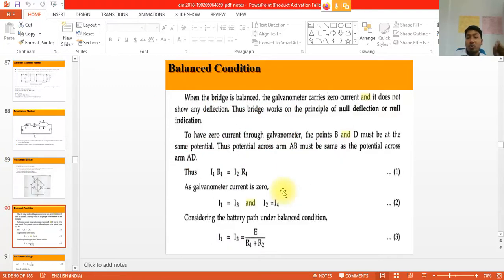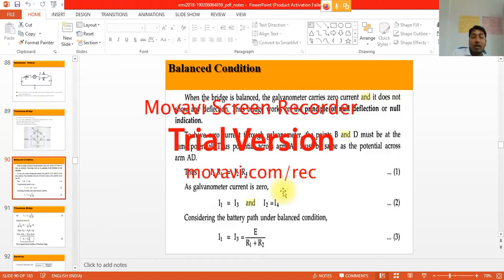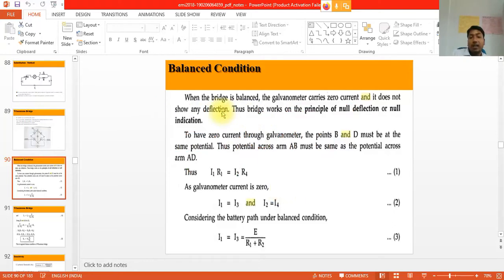Now we are going to find the balancing condition, that is, when the Wheatstone bridge will be in balance. When the bridge is balanced, the galvanometer carries zero current and does not show any deflection.